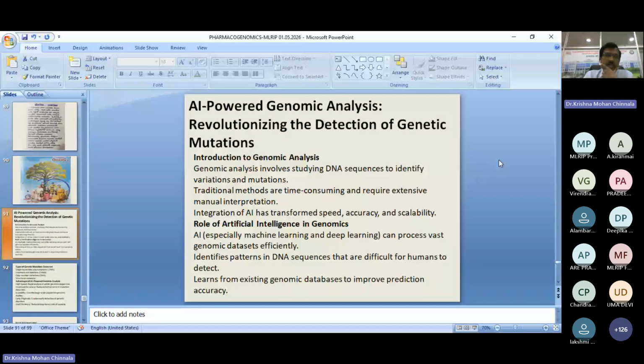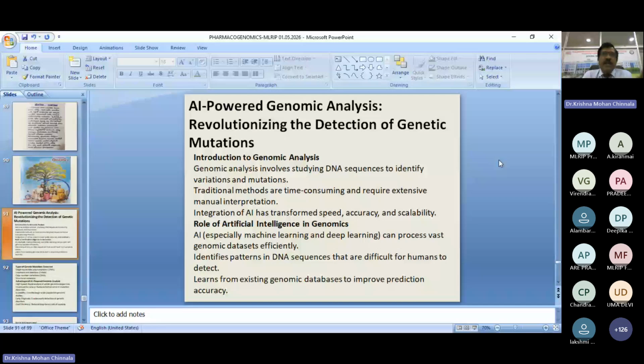Here artificial intelligence can be used everywhere in pharmaceutical research, right? Genomic analysis involves studying DNA sequences to identify variations and mutations. Already we discussed this. Traditional methods are time consuming and require extensive manual interpretation. That's where AI is involved and helping us.